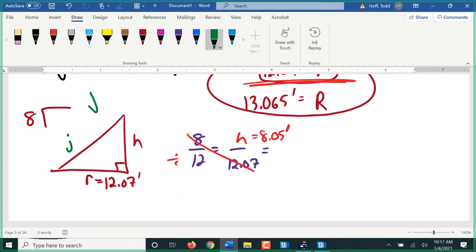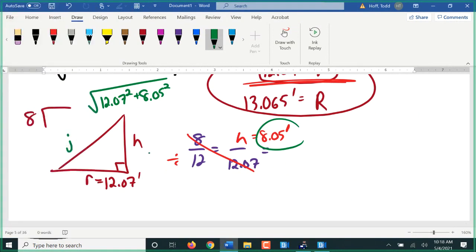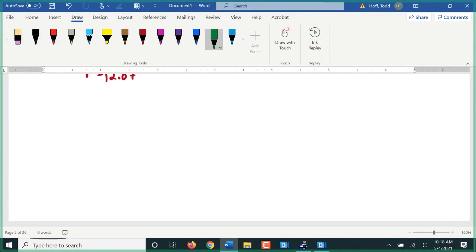So that's going to be the square root of 12.07 squared plus h of 8.05 squared, giving us that length of 14.508 feet.